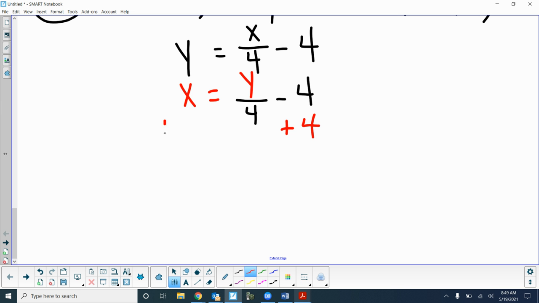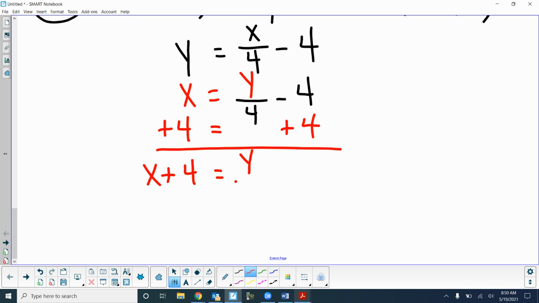I want to do that first. So that would just be x plus 4. Now what do we do, Danny? Now we'll multiply by 4. Okay? So move that 4 over. And it's like that. So you can leave it like this if you want.